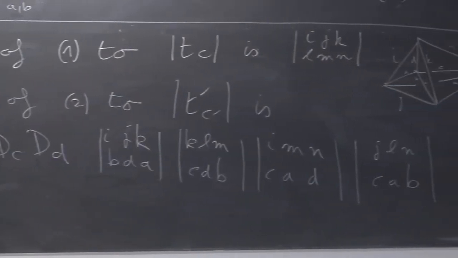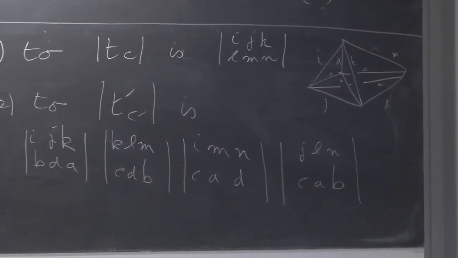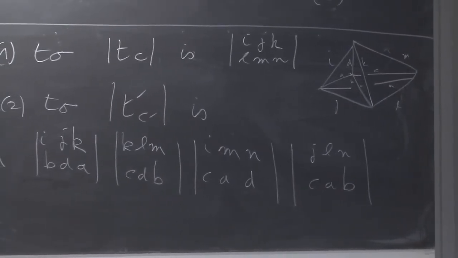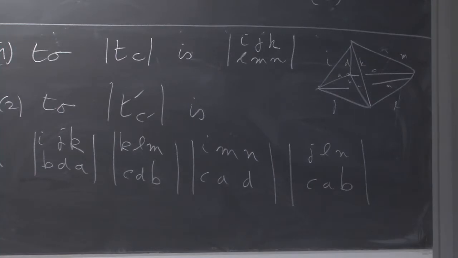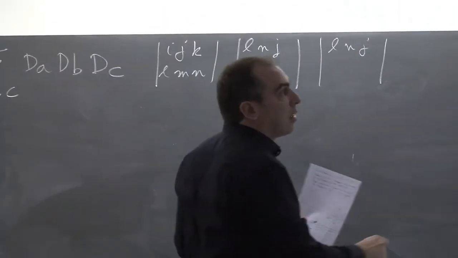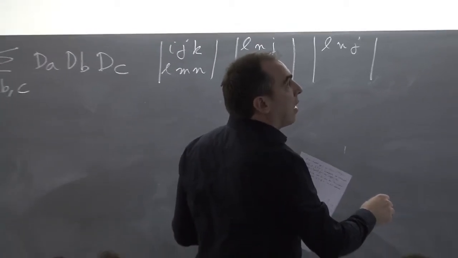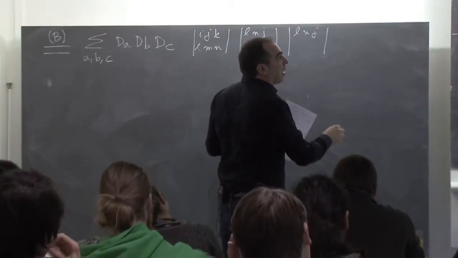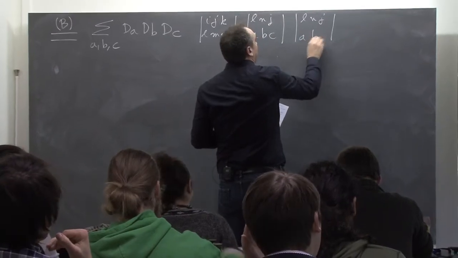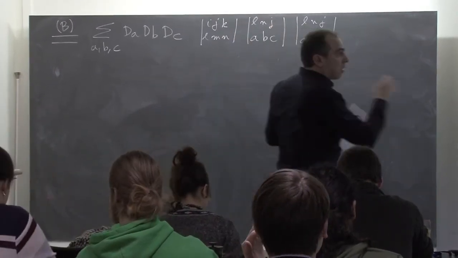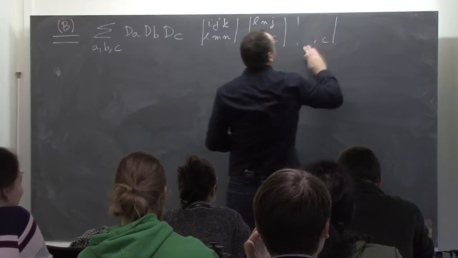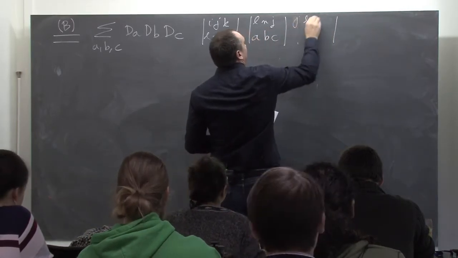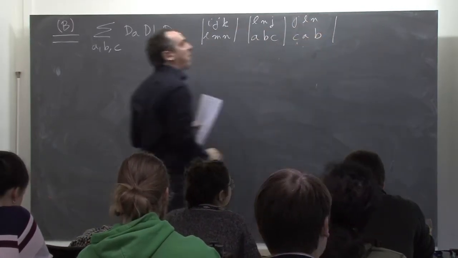Okay. Let us write L. So L and G, A, A B C. No, G L N C A B, sorry. G L N C A B. Okay.